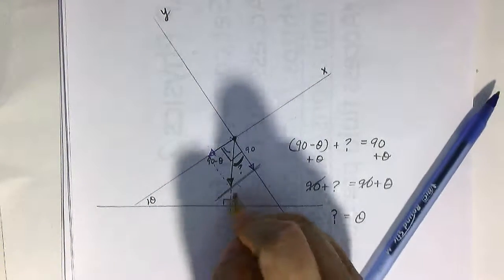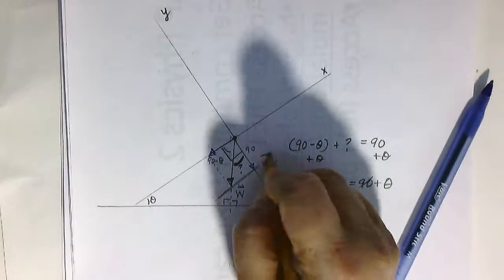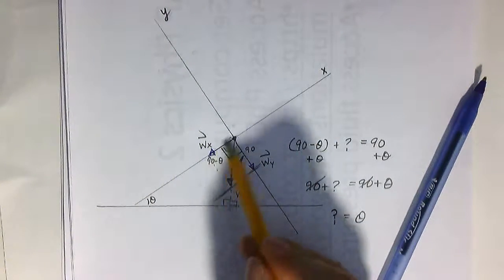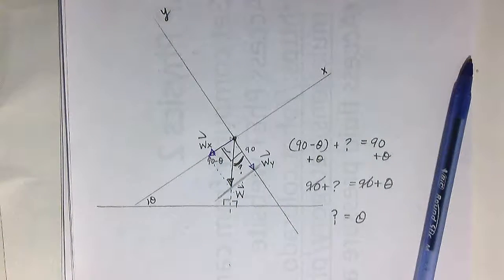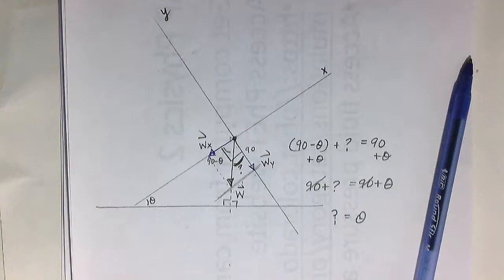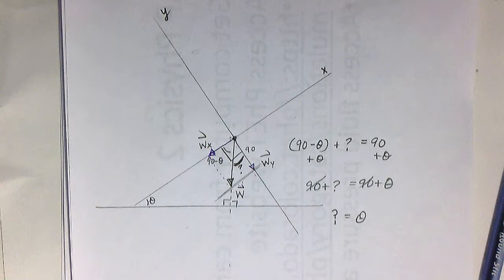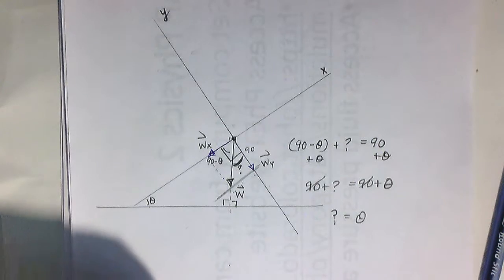If I label this, I'm just going to use a shorthand just for the diagram. This is W, this is WY, this is WX. Opposite over hypotenuse is going to be the x component. Adjacent over hypotenuse is going to be the y component. You may need to look over this a couple of times and replay this over and over again until you finally figure it out. It does take some time for some students to get the finessing of how to break the weight into components. Okay, so let's go back.